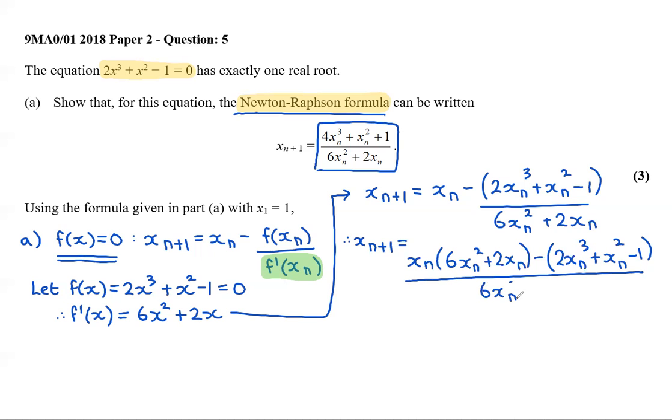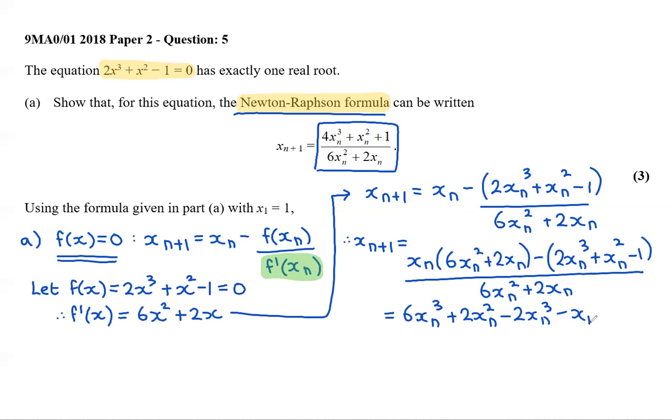6xn squared plus 2xn. Now, expanding and simplifying, we're going to get 6xn cubed plus 2xn squared subtract 2xn cubed. Watch out for the negative sign.